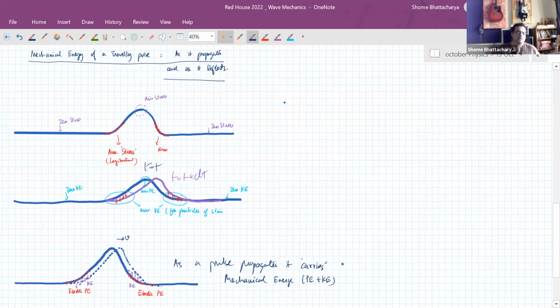Now let's understand what happens to this energy as it reflects off a rigid boundary. As it reflects off a rigid boundary, what happens to the energy?